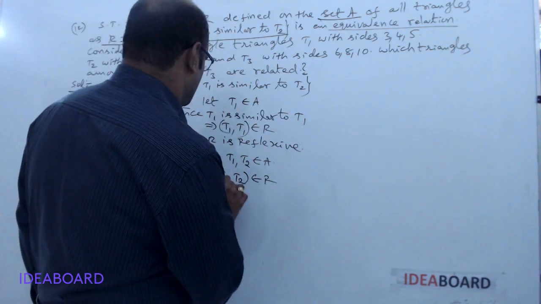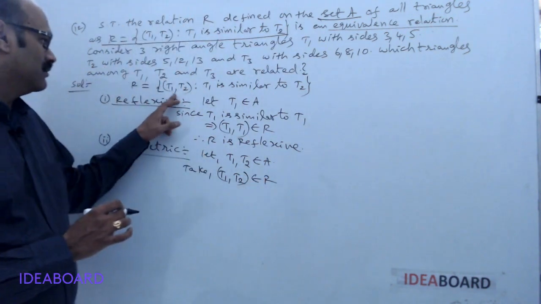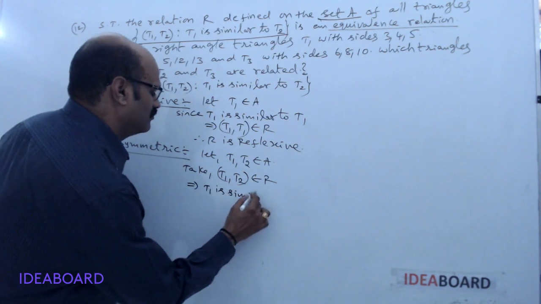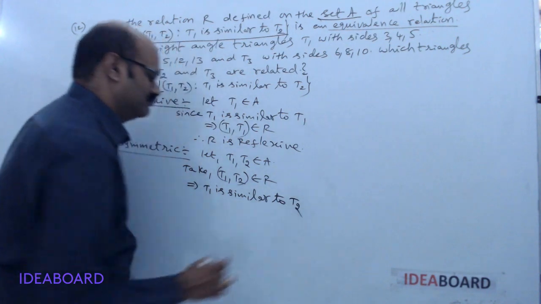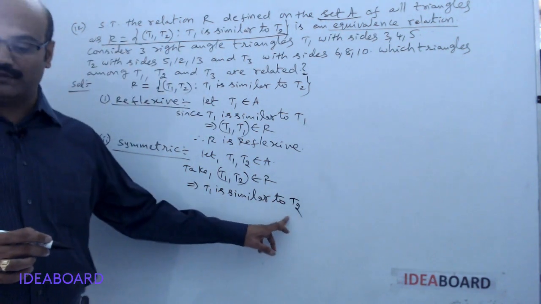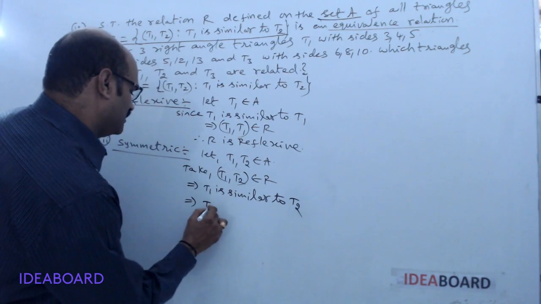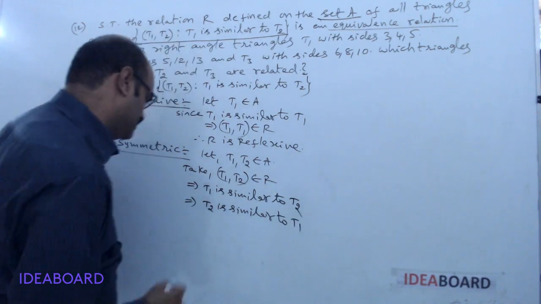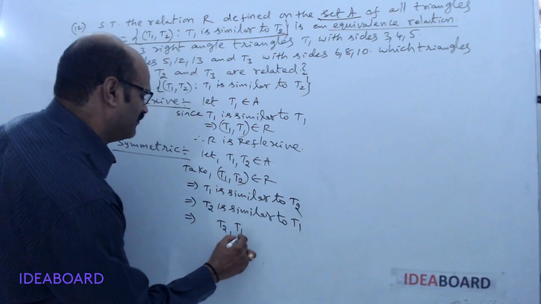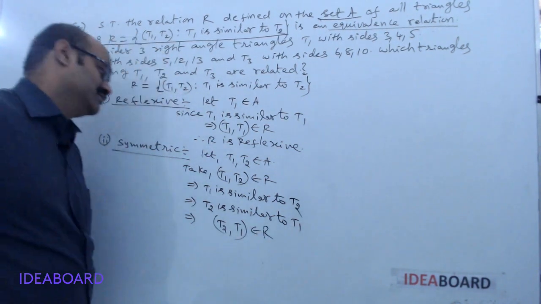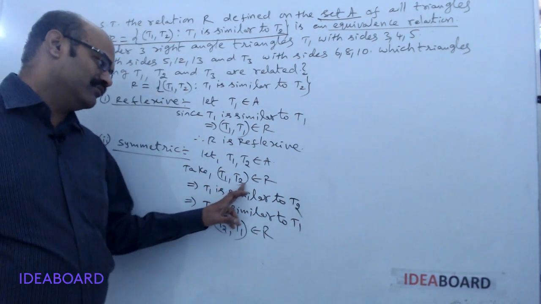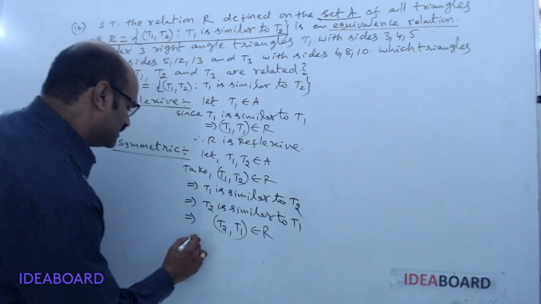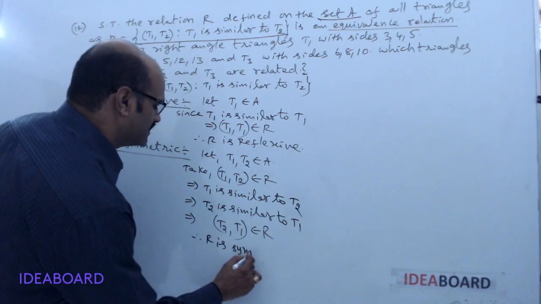Whenever (T1, T2) belongs to R, it implies T1 is similar to T2. Whenever T1 is similar to T2, it implies T2 is similar to T1. It implies (T2, T1) belongs to R. Therefore, R is symmetric.